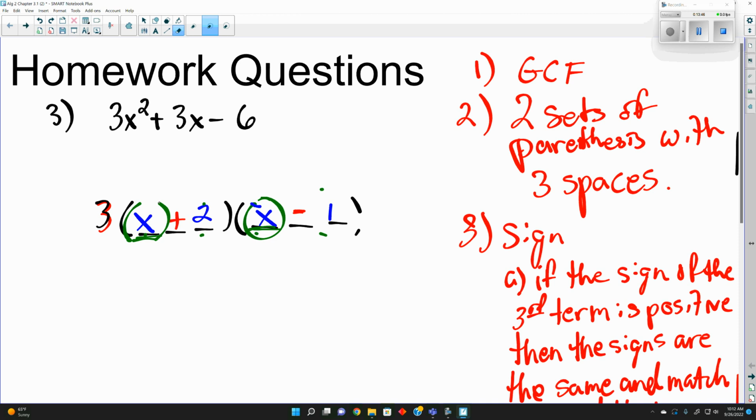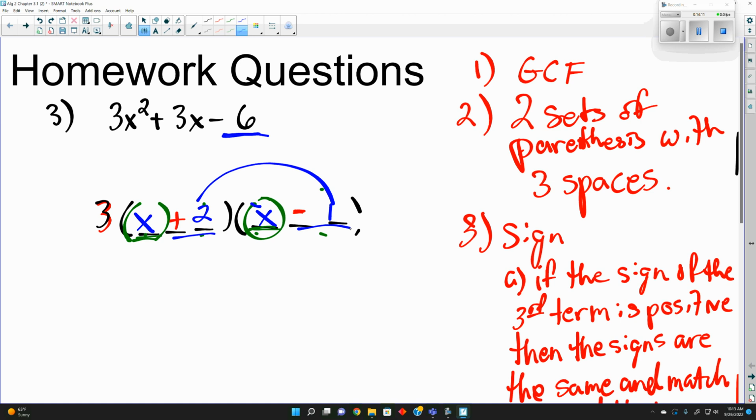Now this is kind of going the other way, and I don't think I talked about this on Friday or Thursday, but when we multiply these two together, our constant term, so here the 6, is really coming from these two numbers being multiplied together. Yes? Well, if one of them's positive and one of them's negative, a negative times a positive is what?